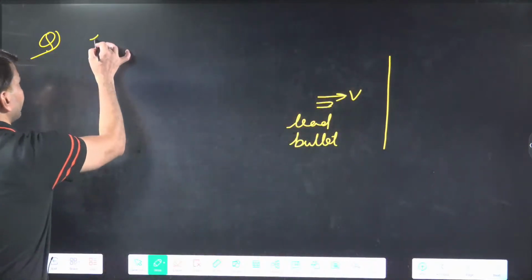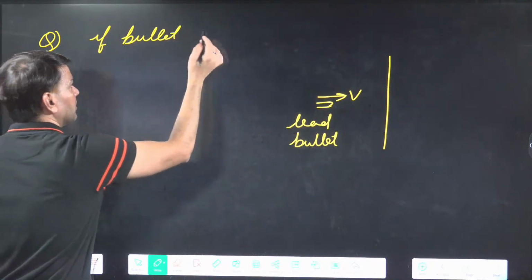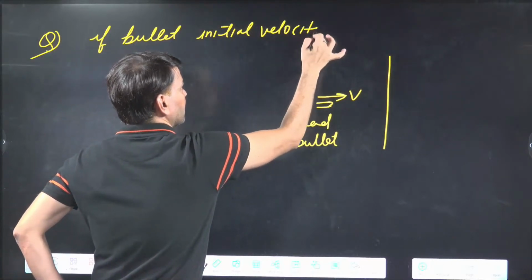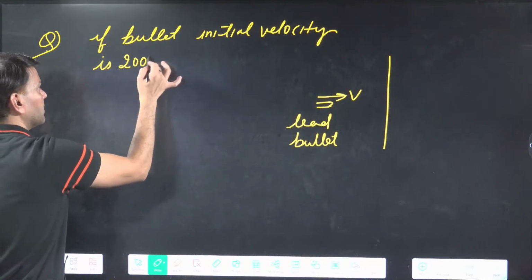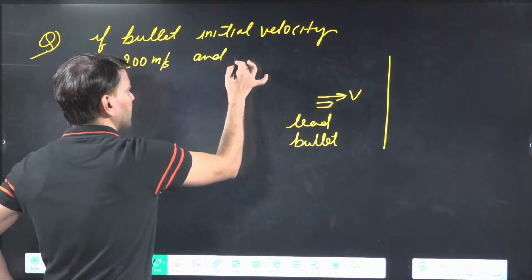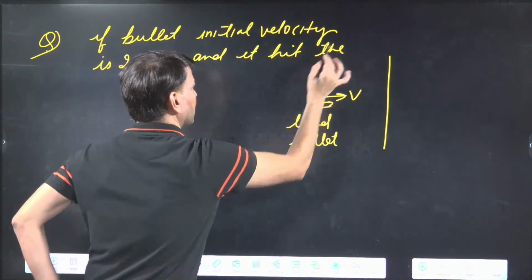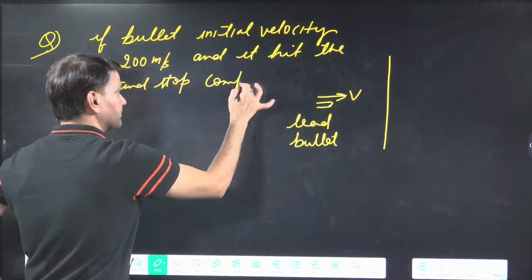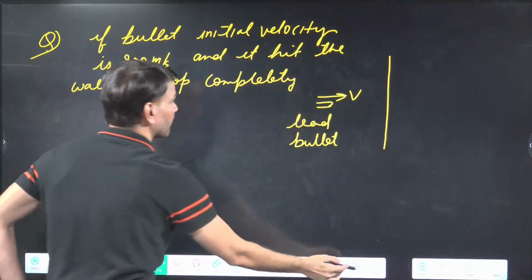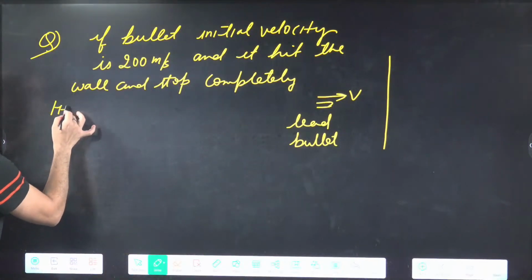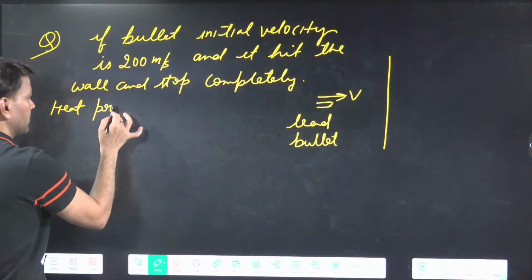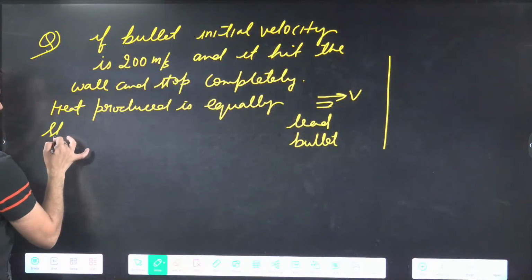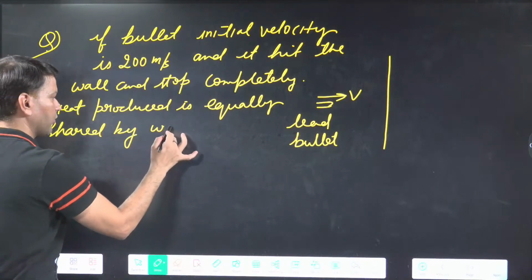I am writing the problem. If the bullet's initial velocity is 200 meter per second and it hits the wall and stops completely, heat produced is equally shared by the wall and bullet.